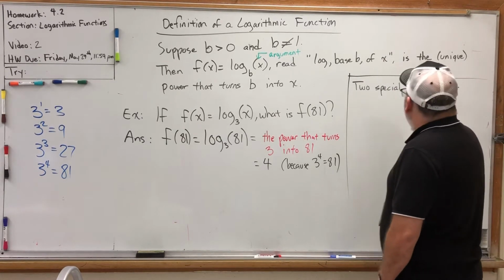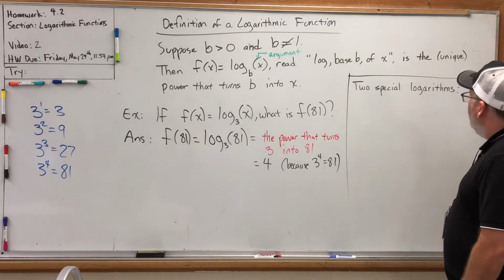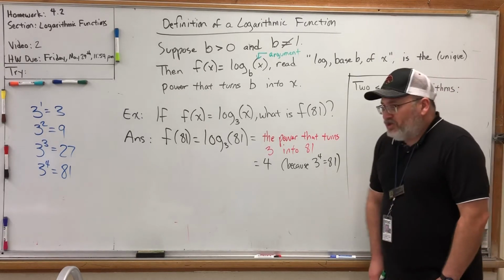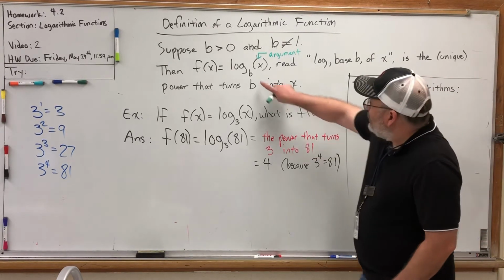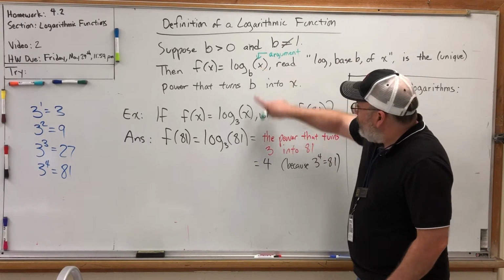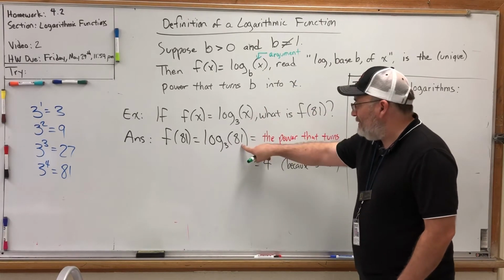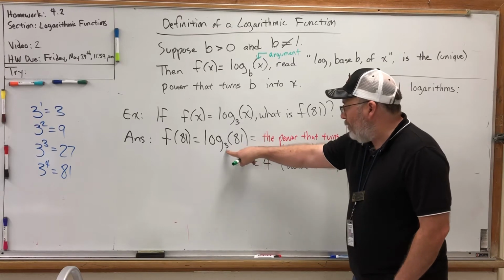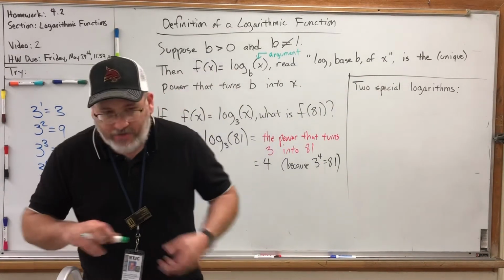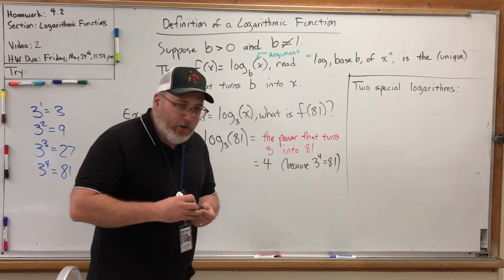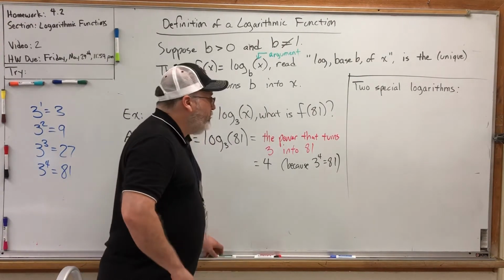So another way of thinking of this, a logarithm is asking the question, what power turns the base into the argument? In this case, what power turns 3 into 81? So a logarithm is a question, and the question is, what power turns the base into the argument?